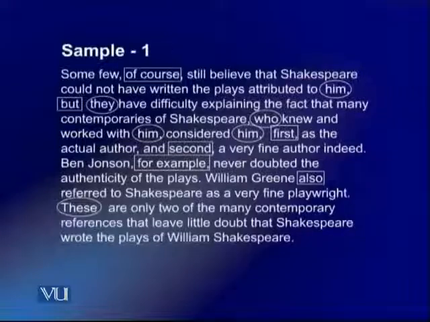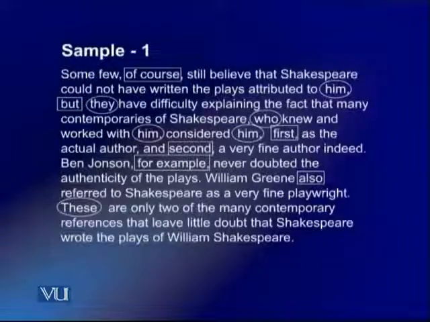Look at the word who. Who does the word who refer to? Who knew? Who are these? The contemporaries of Shakespeare, and worked with him. Him again, of course, refers to Shakespeare.